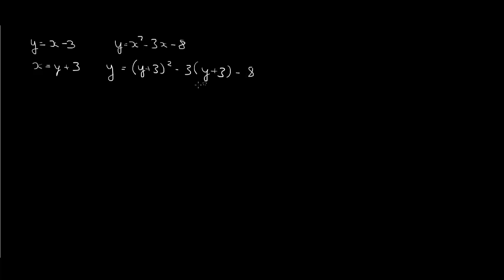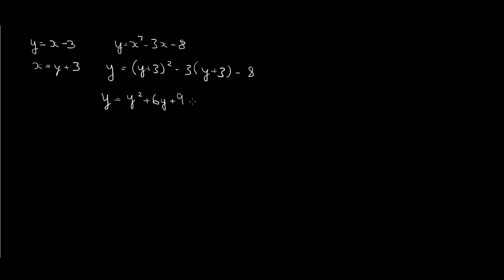So, we find the value of y by expanding that first bracket. We'll get y squared; (y plus 3) times (y plus 3) is y squared plus 6y plus 9, doing the FOIL version or whichever way you like to do it.